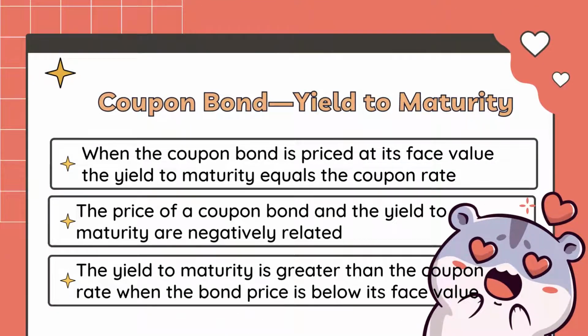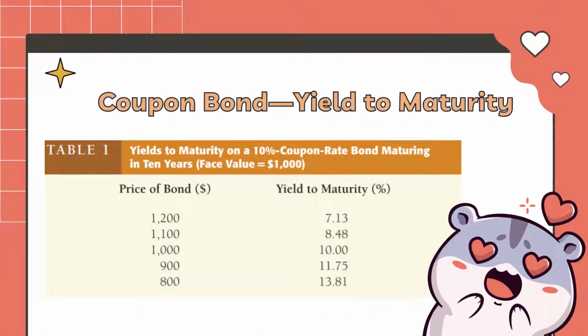So, again, ito naman. The yield to maturity daw is greater than the coupon rate when the bond price is below its face value. Let's check. So, the yield to maturity is greater than the coupon rate if the bond price is below its face value. So, tingnan natin, the price of the bond, for example, is 900.